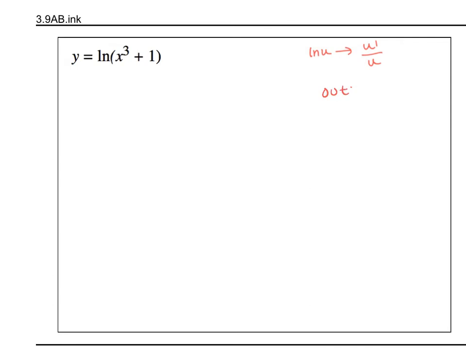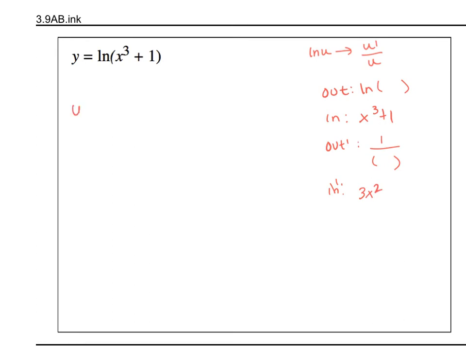So my out, right, is ln something. My in is x cubed plus 1. My out prime, ln something, would go to 1 over that something. My in prime is 3x squared.